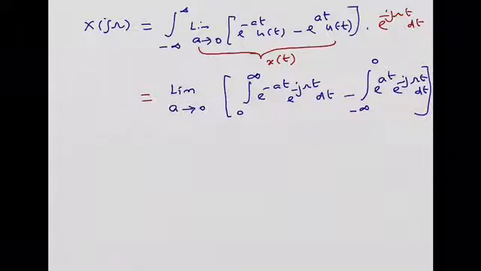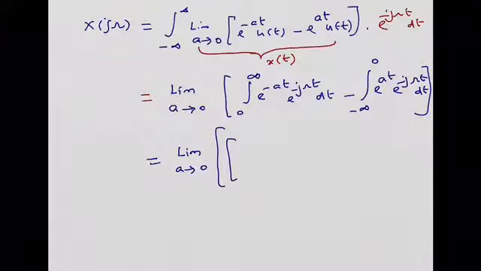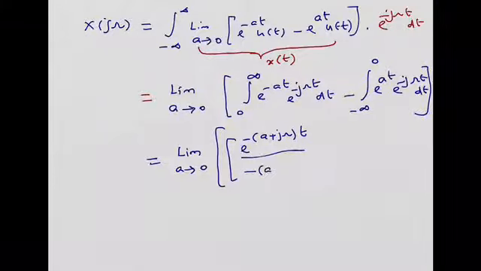If this step is clear to you, then we shall proceed with the limiting condition, limit a tends to 0. You could just proceed with this, integrate it, and substitute upper and lower limits individually. So e power minus can be taken as a common factor, so it will become e power minus of a plus j omega into t divided by minus of a plus j omega, where the lower limit is 0 and the upper limit is infinity.